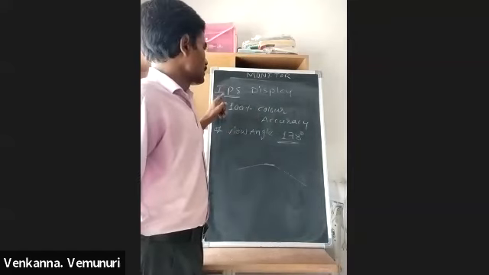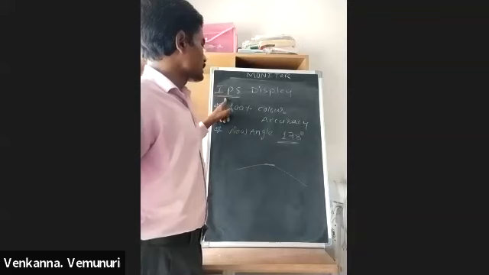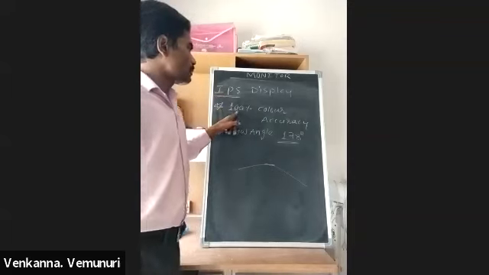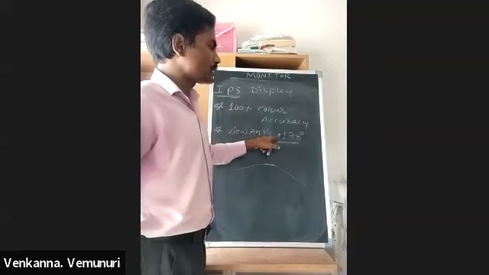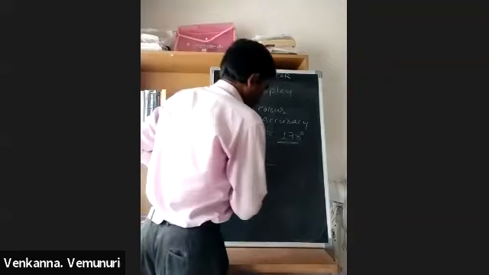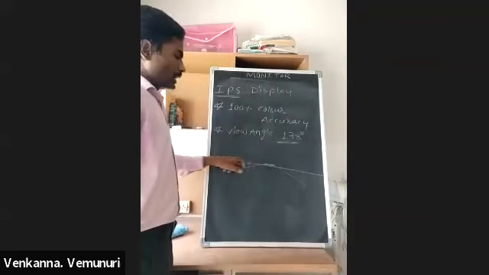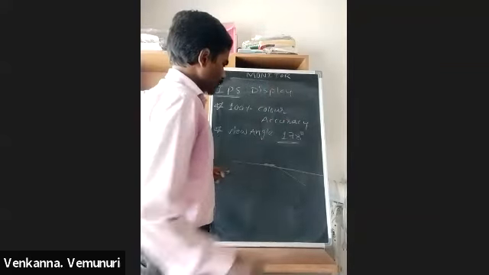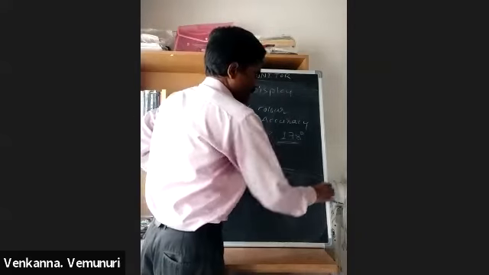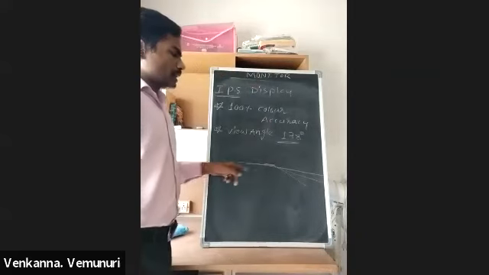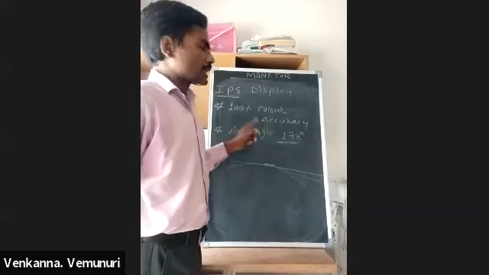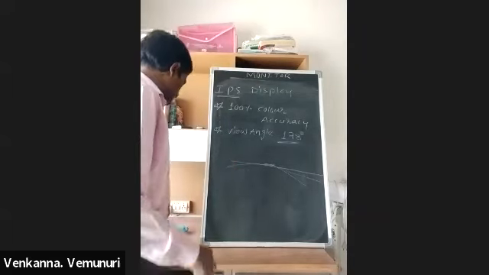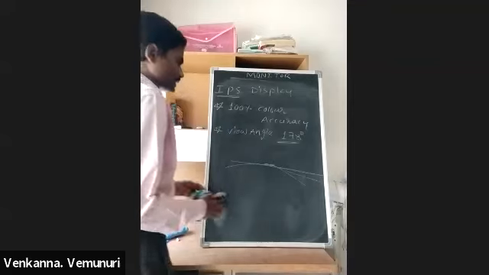So the IPS display advantages: first, 100% color accuracy; second, view angle of 178 degrees. This is 180 degrees, and here it is giving a view angle of 178 degrees. It means you can see the monitor from any corner and see the exact picture, exact colors. This is the advantage of IPS display.